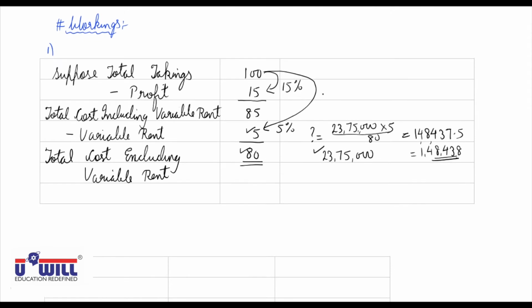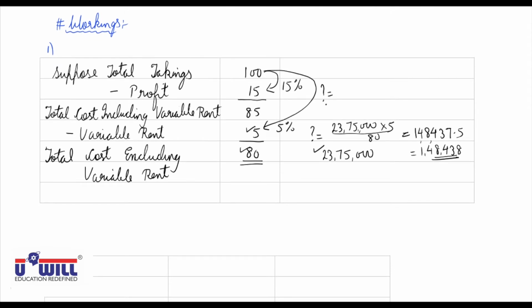Now, same way, what would be your profit? 23,75,000 into 15 divided by 80. When cost is 80, profit is 15, so for 23,75,000, how much? Do it in the calculator everyone.